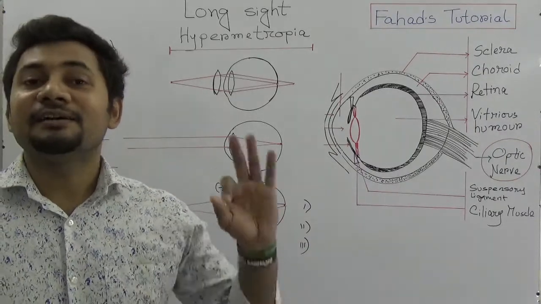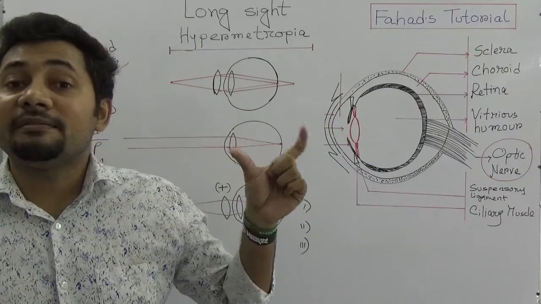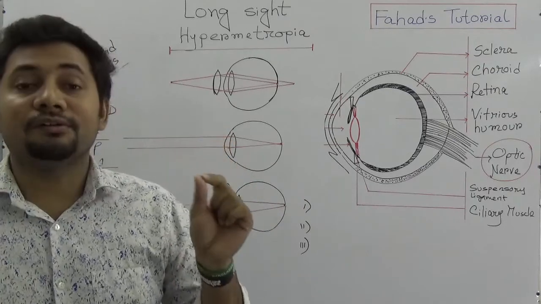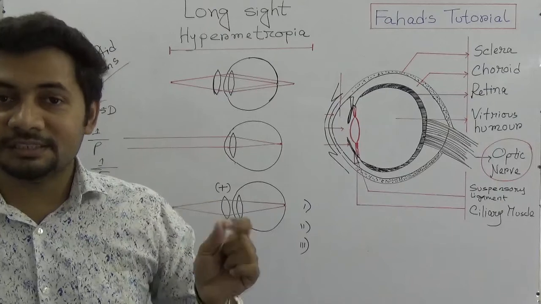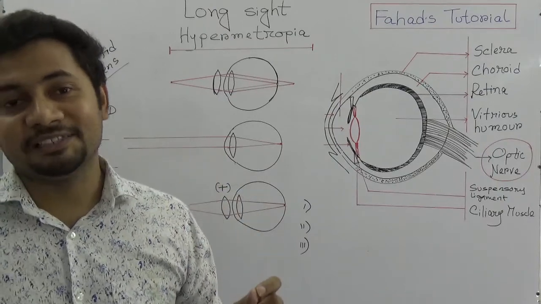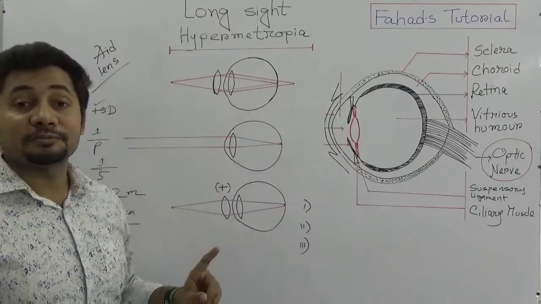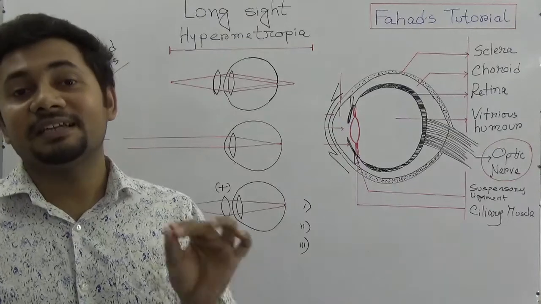So similarly, we've got three reasons for hypermetropia. Number one, the diameter of the eyeball is decreased; the focal length or the focal distance of the eye lens is increased; and the power of the eye lens is decreased. These three reasons are the main reasons for hypermetropia, and the remedy is using a convex lens as an aid lens.